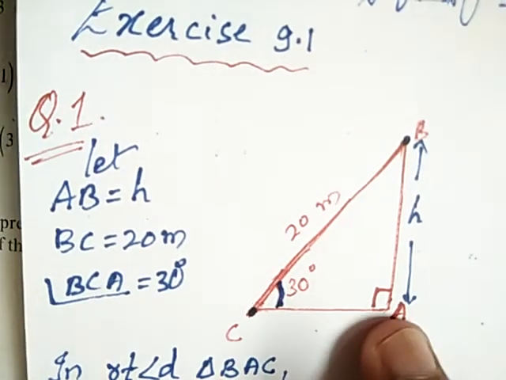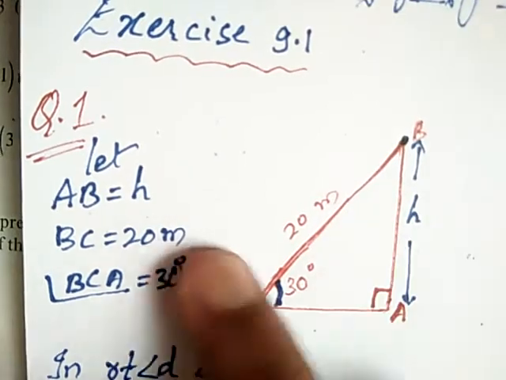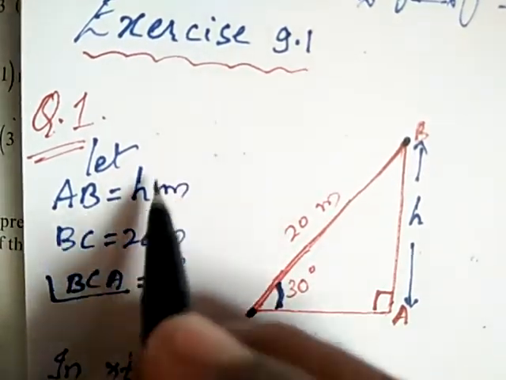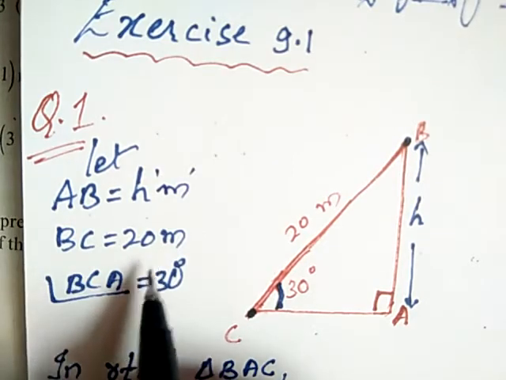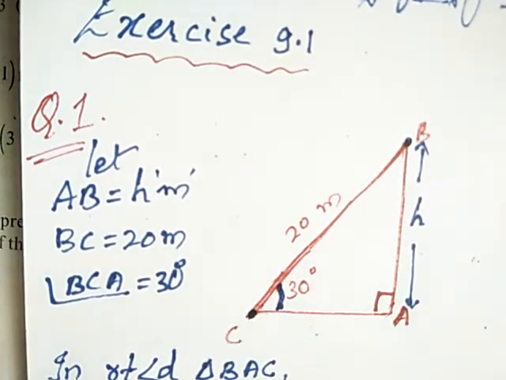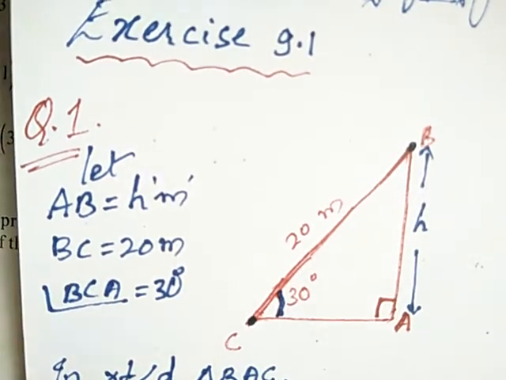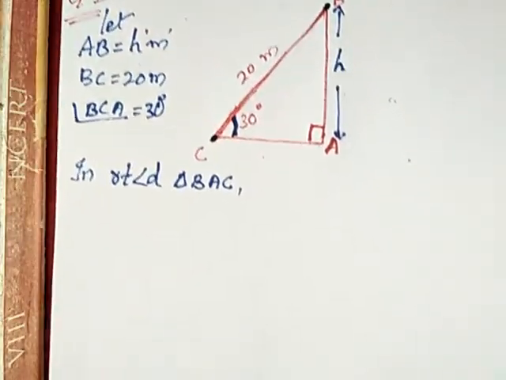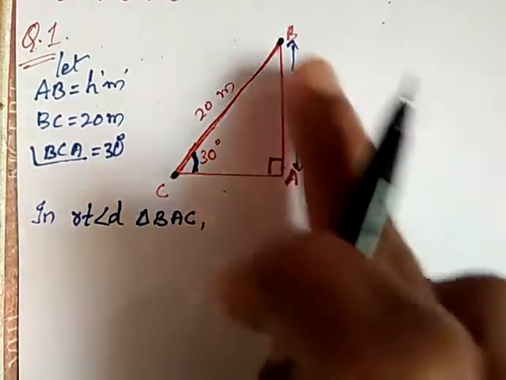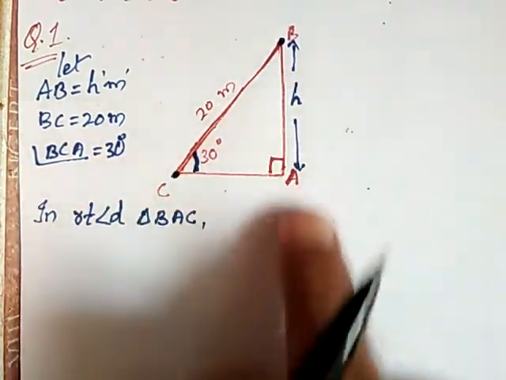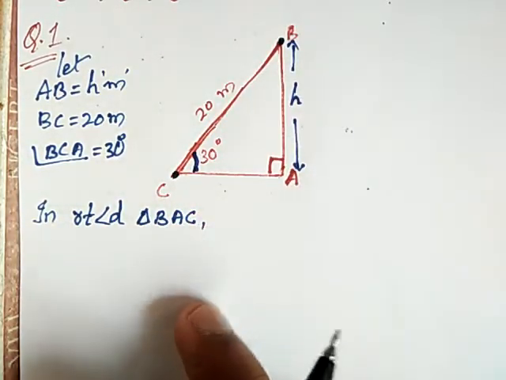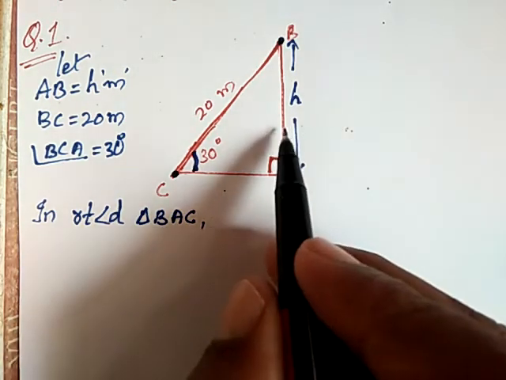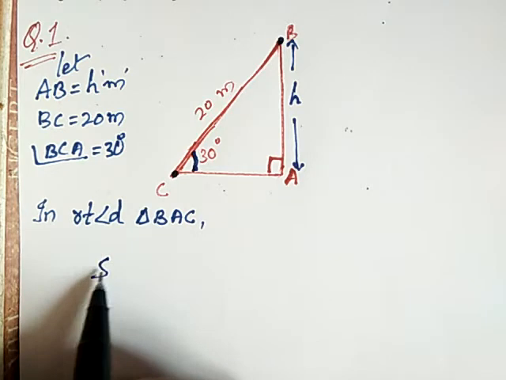So you can write, let pole AB be h meters in height, so AB is equal to h meters, and BC is equal to 20 meters, angle BCA is equal to 30 degrees, that is theta. So in right triangle BAC, we need this one, so you can take sin theta.